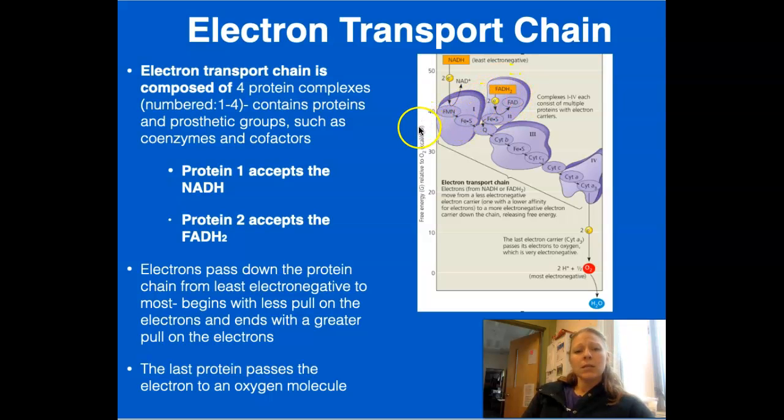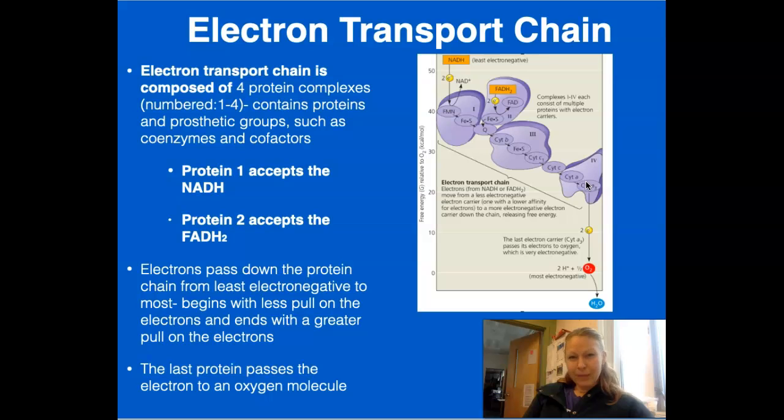And so this electron gets donated right here at the beginning. The NADH is going to donate electrons, and the electron is going to pass through these proteins in the inner membrane, and it's going to be pulled by the increasing electronegativity. Remember that electronegativity is an affinity, or a pull on electrons.